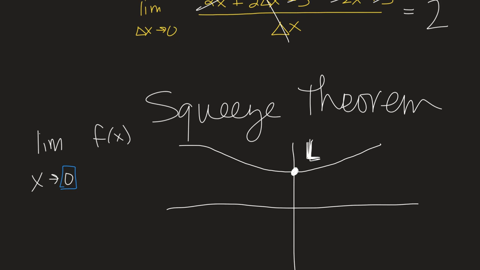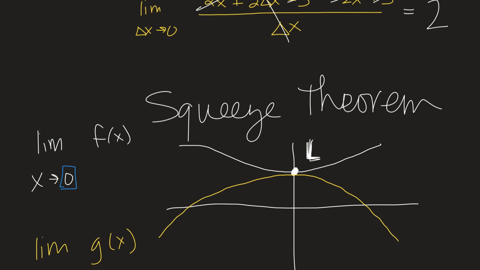Okay, and there's another function, g, that also has a limit at the same place. And that should have gone through that value there. Okay, so both our f and our g have the same limit at 0. Okay, is this understandable that there are two functions that do this?